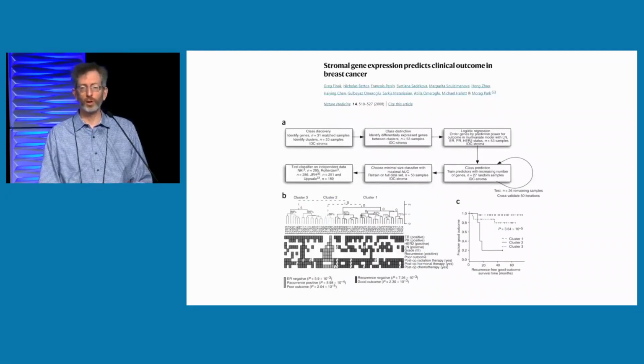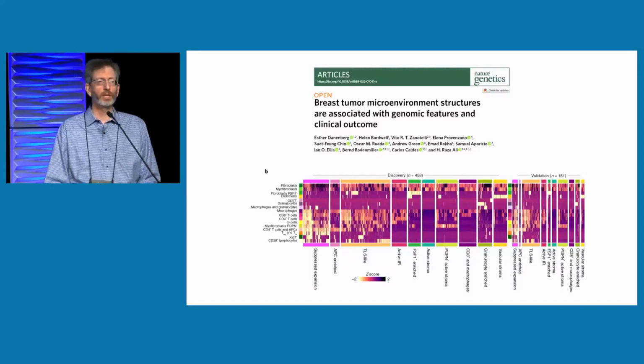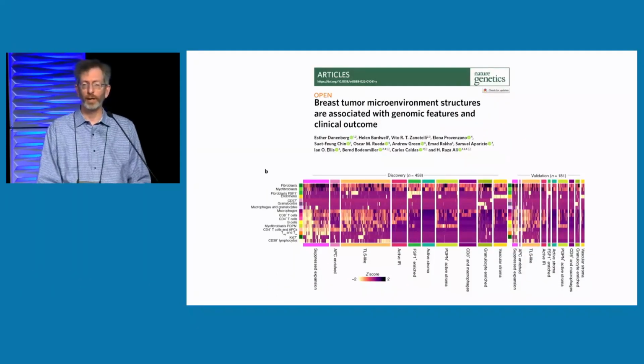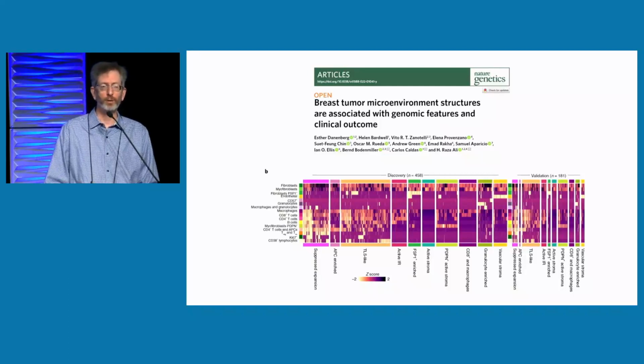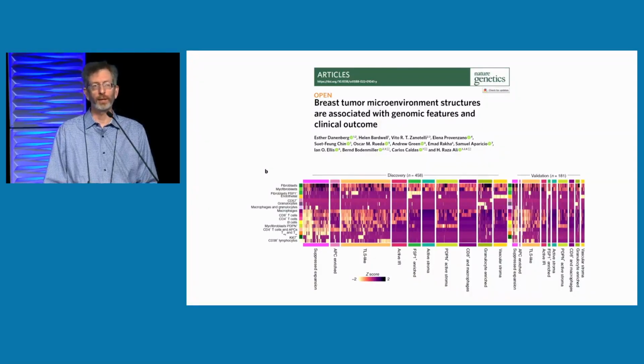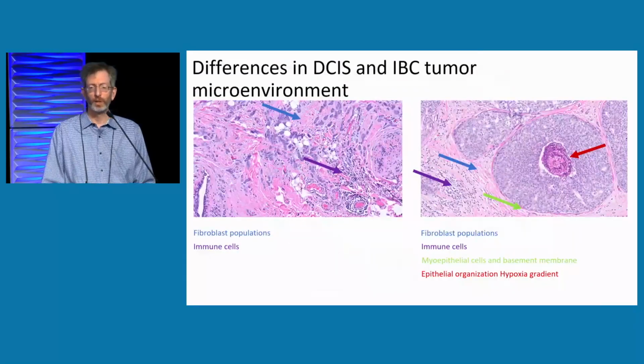Dr. Park's group also did some seminal studies looking at stroma in predicting outcome in invasive breast cancer. And then more recently, there has been proteomic work, and this is a terrific paper by Raza Ali's group that looks at a number of genomic and cellular features in the tumor microenvironment, analyzing it with proteomic type approaches.